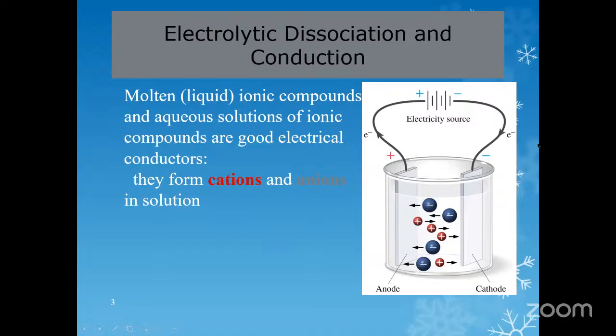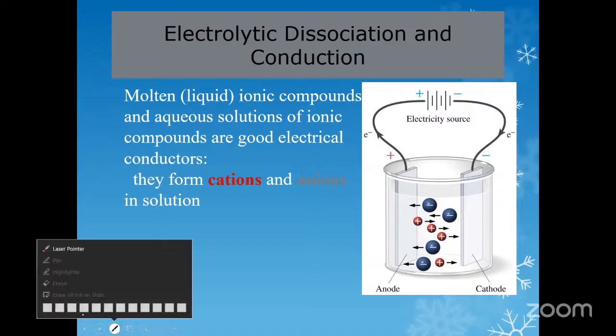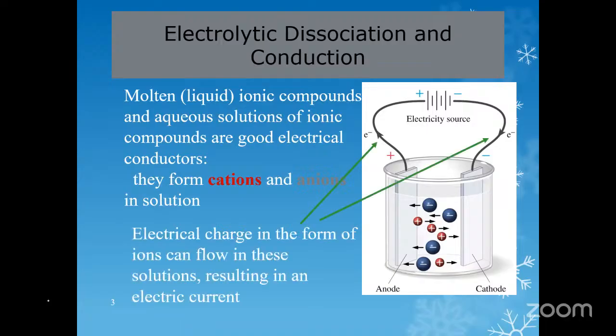The positive electrode is called the anode, and the negative electrode is called the cathode. The negatively charged ions are attracted to the anode, and that's why they are called anions. The positively charged ions are attracted to the cathode, so they are called cations.